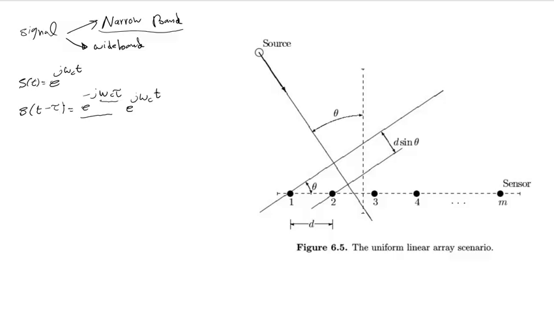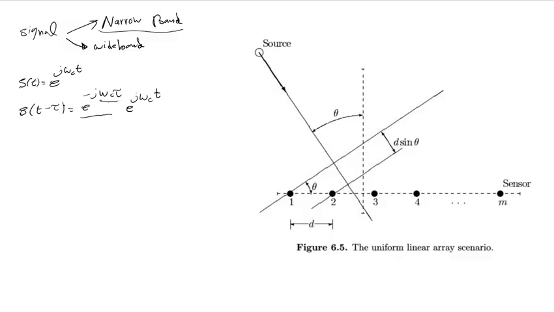The next assumption that I make here is that the source is in the far field. When I assume far field, then waves appear as planes. Actually, they are not spherical, they are planar because of this assumption. So we have some planes parallel to each other coming to the array. And this is the second point.